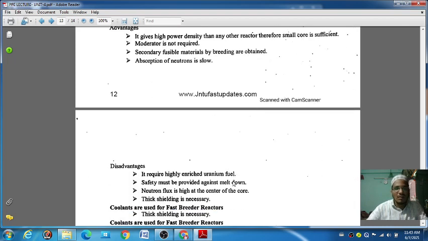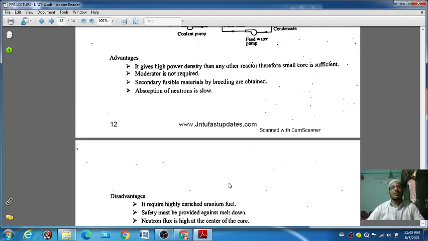There are some advantages and disadvantages of the fast breeder reactor. Depending on these, we decide which reactor is suitable for our power plant, according to our requirements and our financial resources.